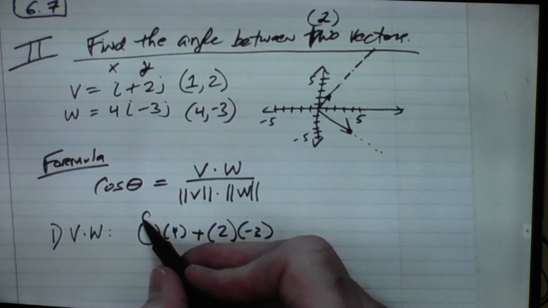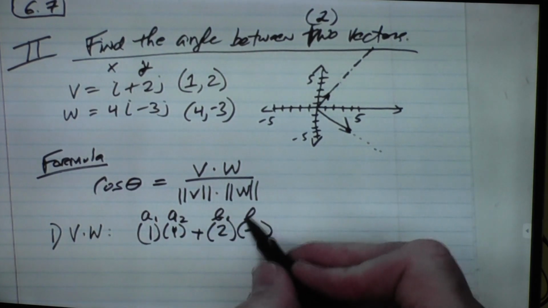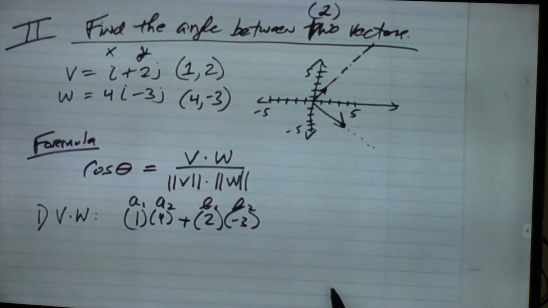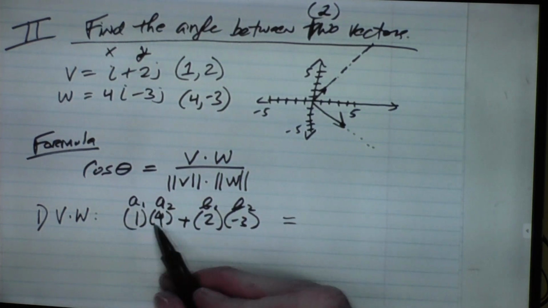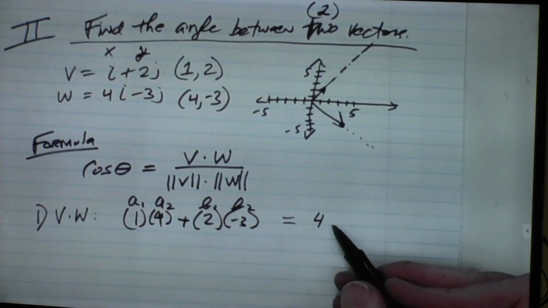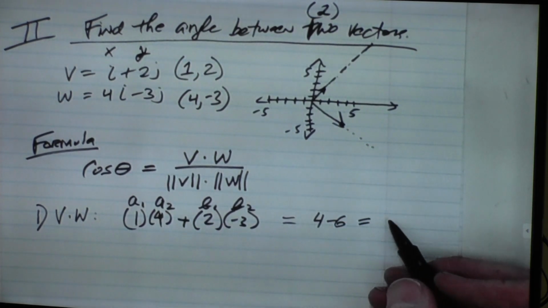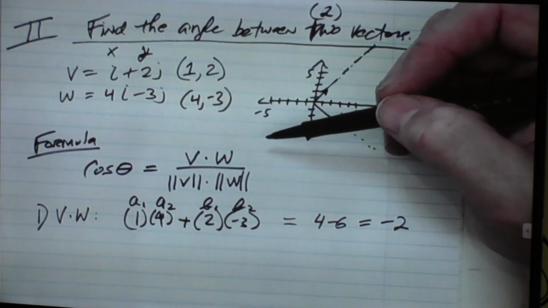So I'll write them up here as a reminder. a1 times a2, b1 times b2. And that equals 4, and that's minus 6, so plus a negative 6 is minus 6. So we get a negative 2. So in a moment, we'll put a negative 2 on top.